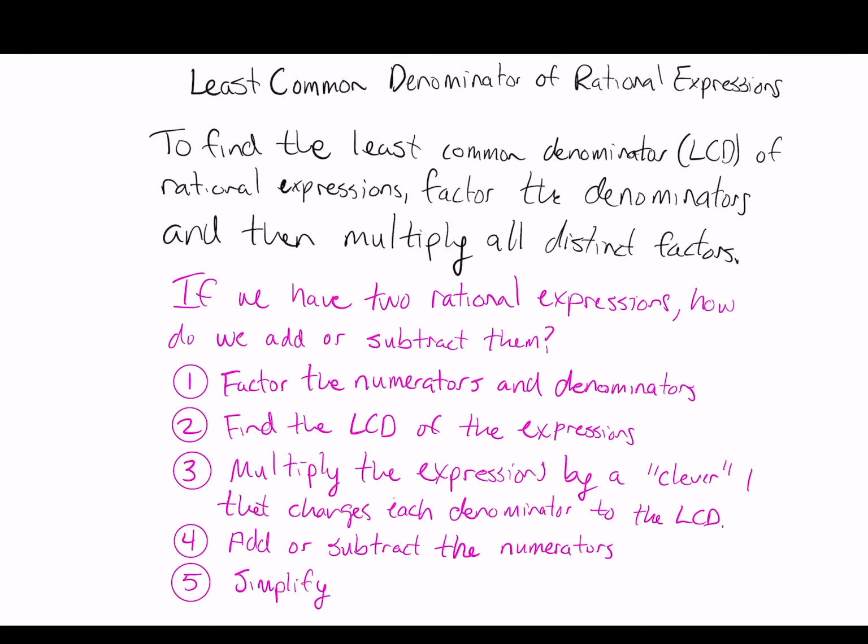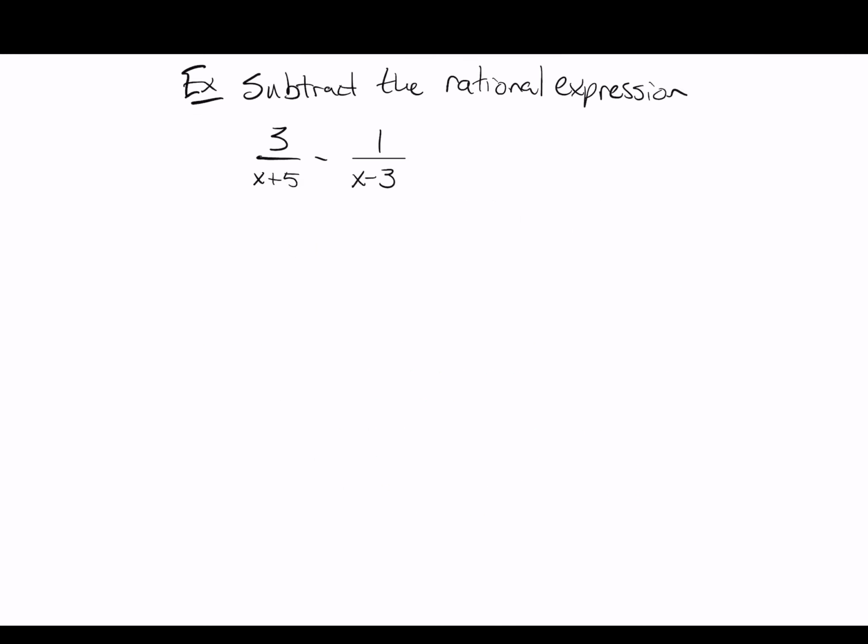Let's try an example of adding and subtracting rational expressions. Here in this example, we want to subtract the rational expression 3 over x plus 5 minus 1 over x minus 3. Our first step would be to factor the numerator and denominator, but we find that both numerators and denominators are fully factored. What is our LCD of the expressions?